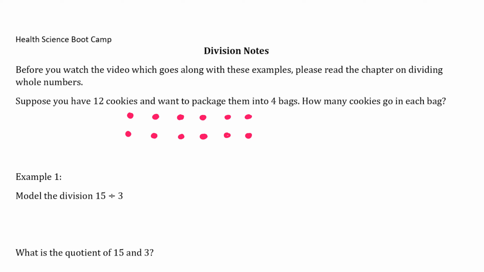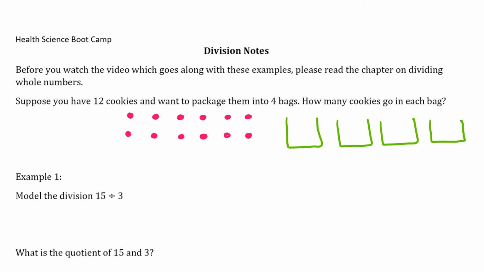And I need to put each of these cookies into a bag, and I have 4 bags. So what I'm going to do is put 1 cookie in a bag, and keep doing that.